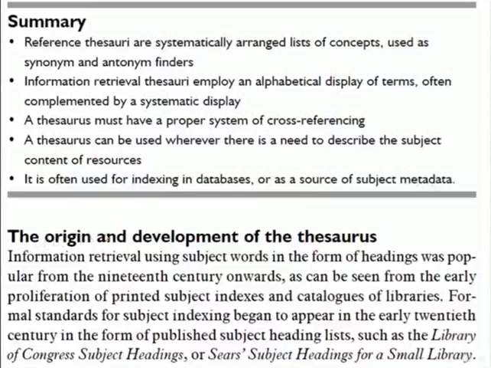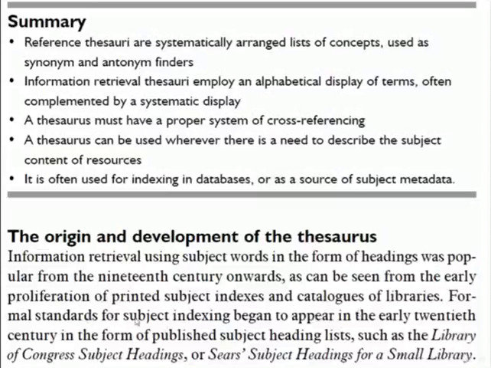Now, the origin and development of the thesaurus. Information retrieval using subject words in the form of headings was popular from the 19th century onwards, as can be seen from the early proliferation of printed subject indexes and catalogs of libraries.